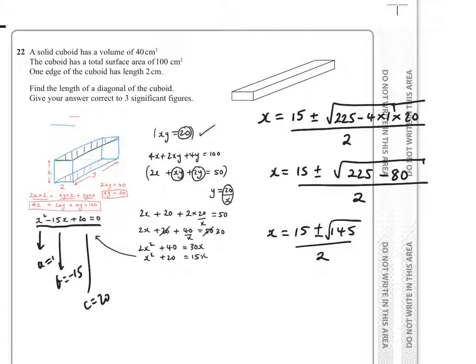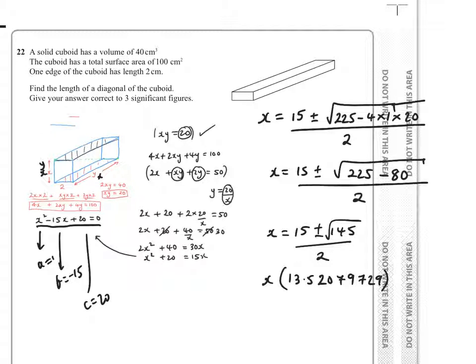Now, the interesting thing about this then is we've got two possibilities for x, because don't forget I could have had the x here or I could have had the x here and that could have been y. Okay, it was arbitrary which way I put the x down. So one x value, and I'll use my calculator, so we'll have 15 plus the square root of 145 and then divide that by 2, and that gives me 13.52079729.